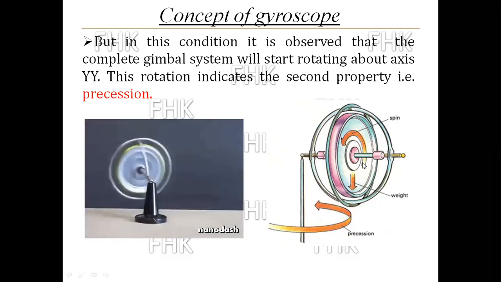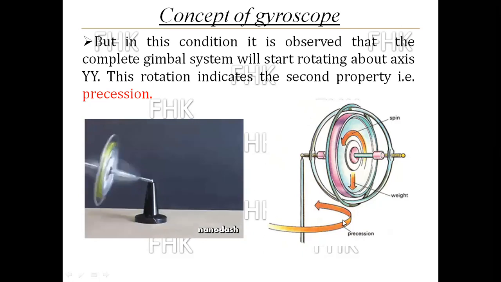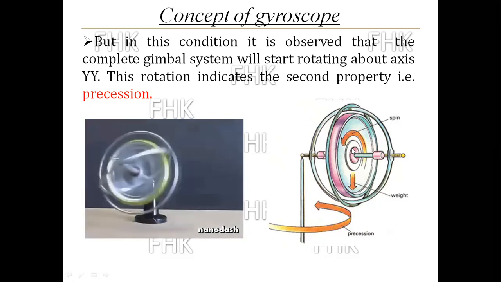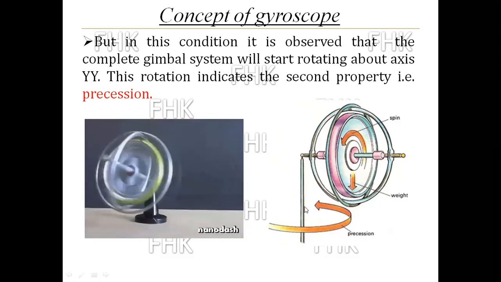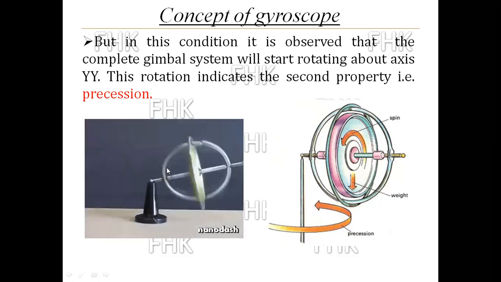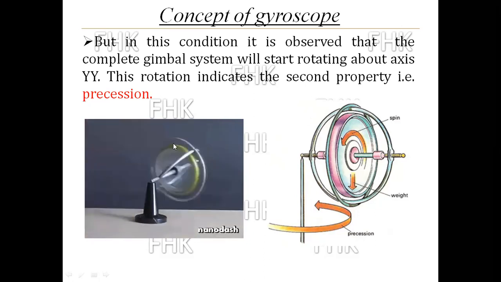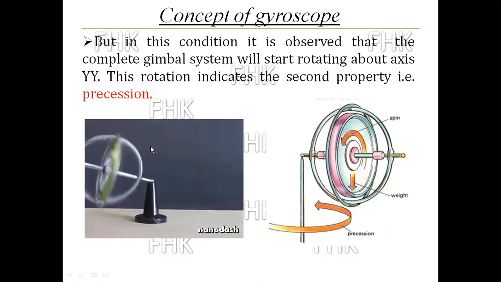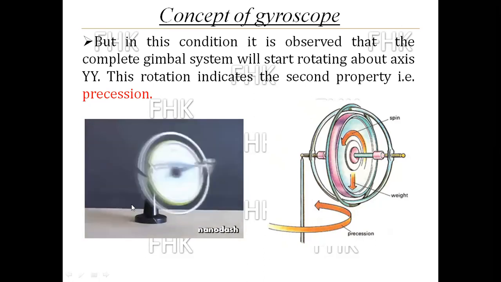So spin you can see in one plane and precession you can see in a different plane, which is perpendicular to the other. Spinning, we can say it is a front view or front plane, and the precession you can see from top, which is another plane perpendicular to the previous one.